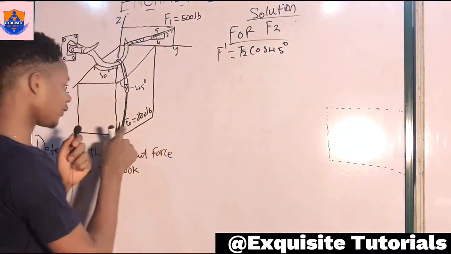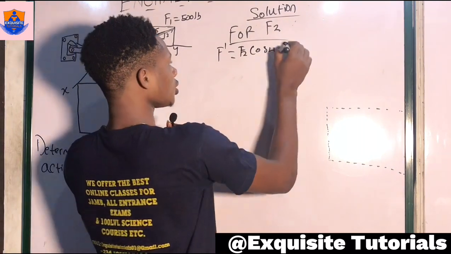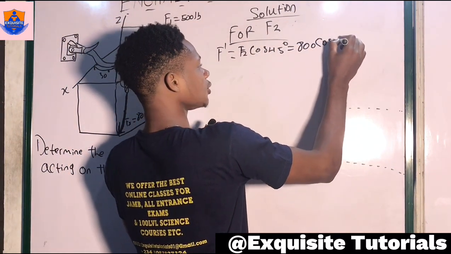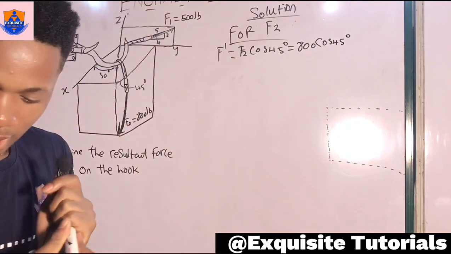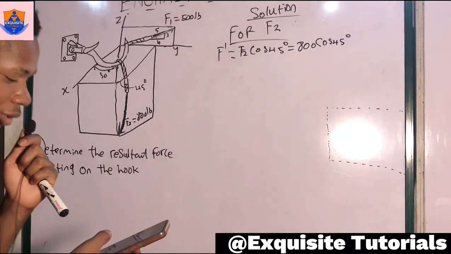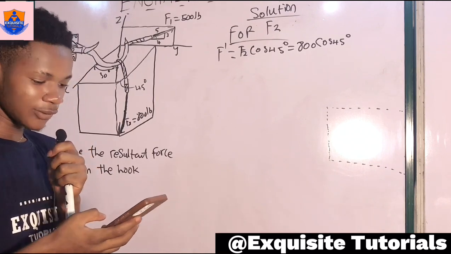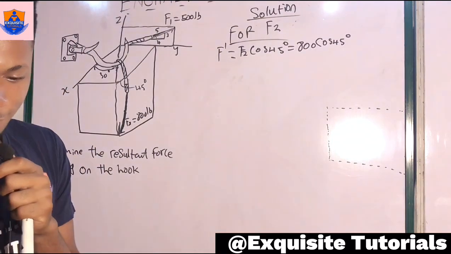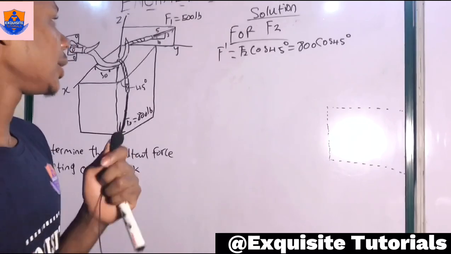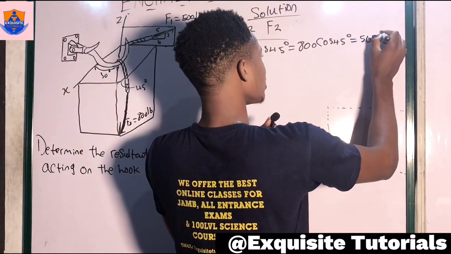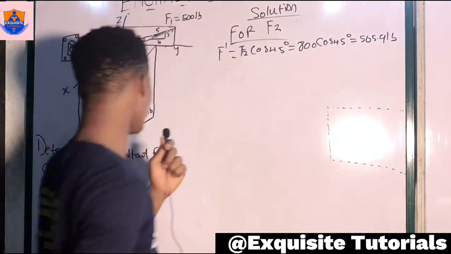And F2 has a value of 800 pounds, so that will be 800 cosine of 45 degrees. Now solving that, what do we get? 800 cosine of 45 degrees, we get a value of 565.69 pounds. That's the value of F prime.